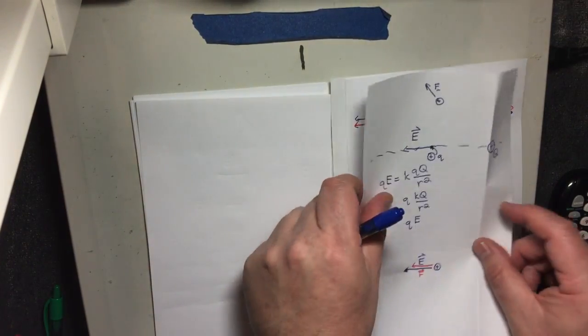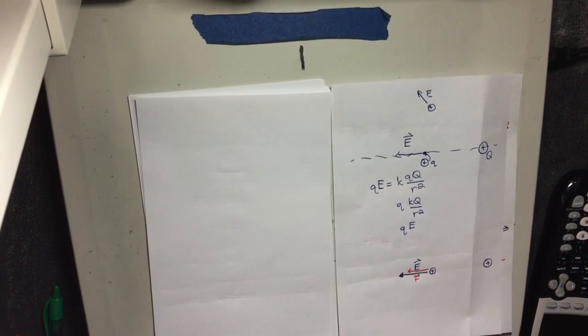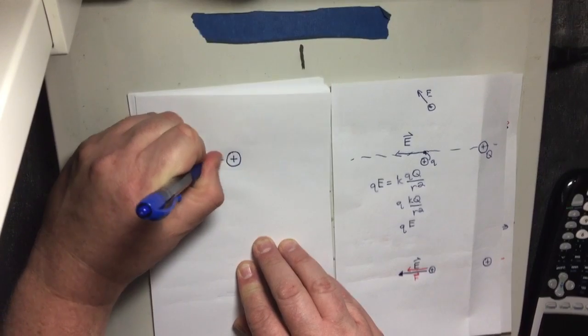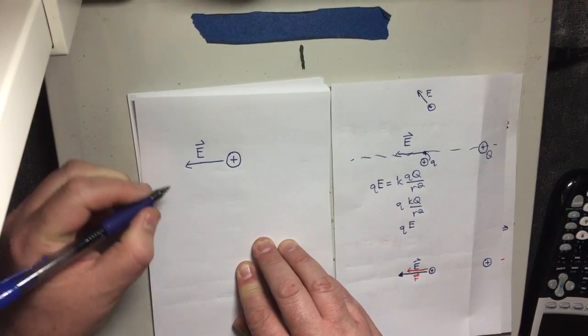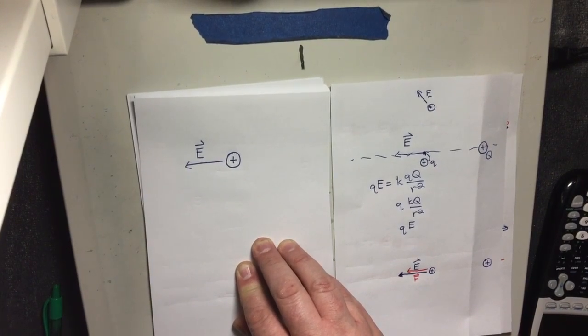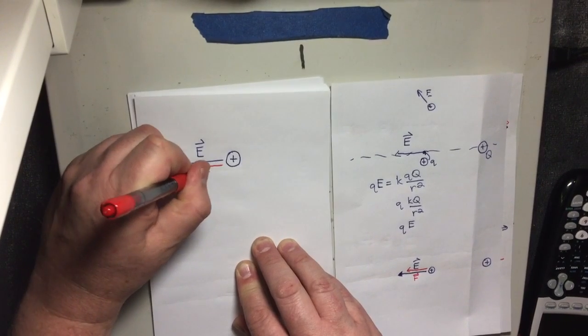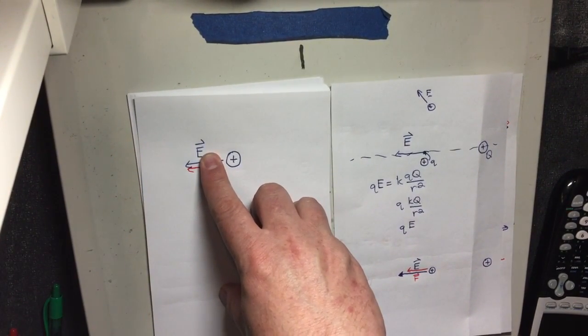So this is kind of an analogy. If I have a charge here and I tell you that the E field line is to the left, you know that there will be a force to the left, because the E field line is there.